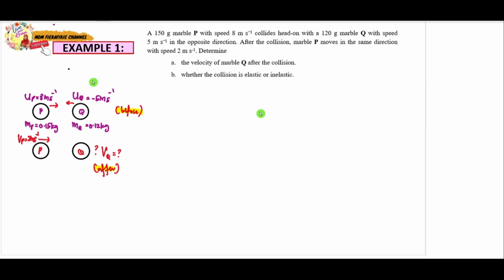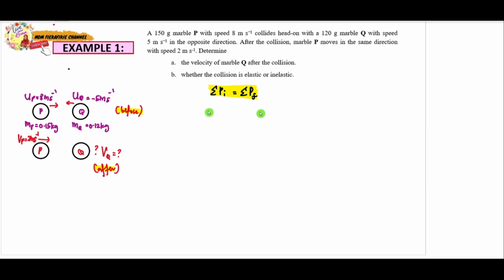By using conservation of momentum, we can write that total momentum initial equal to total momentum final. Okay, so this is the starting. Since this is one dimension collision, no need to separate X component and Y component. Okay, hanya satu saja. Kita ada one dimension means that objek ini bergerak in X component only. Alright, so now total momentum initial.